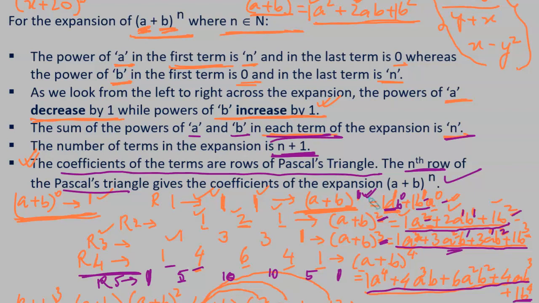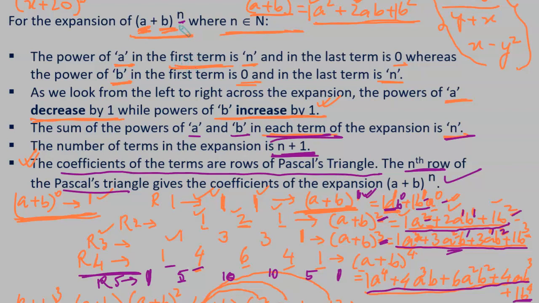So now that we have learnt the rule of how to expand, because if it is say a plus b to the power of 6 or 7, yes, we can just go on, since we know a plus b whole square. In order to get a plus b whole cube, I do a plus b whole square times a plus b.